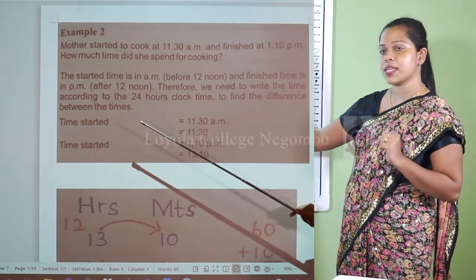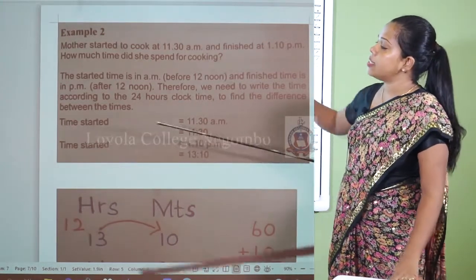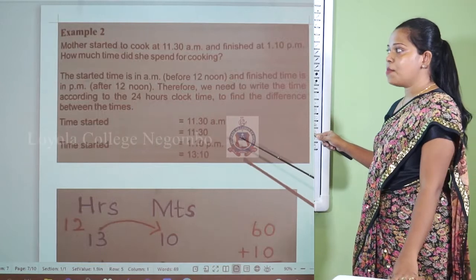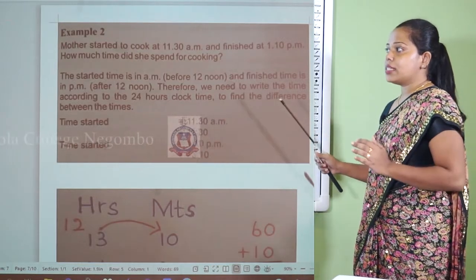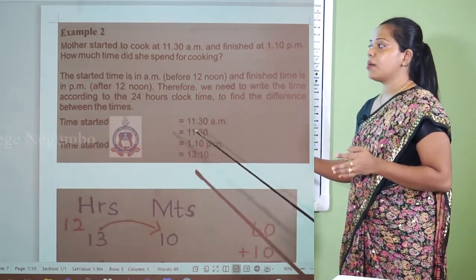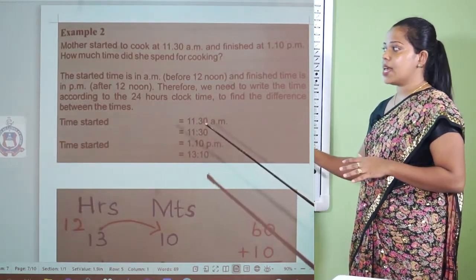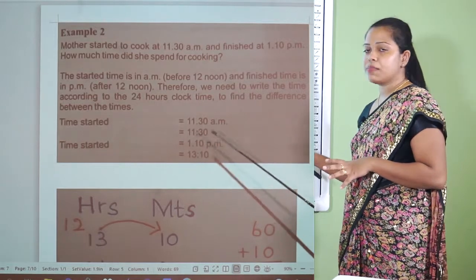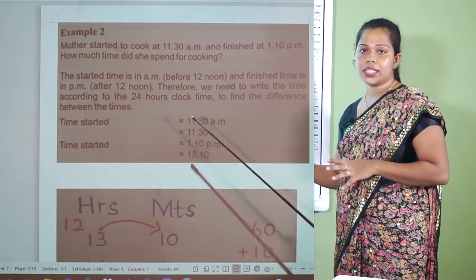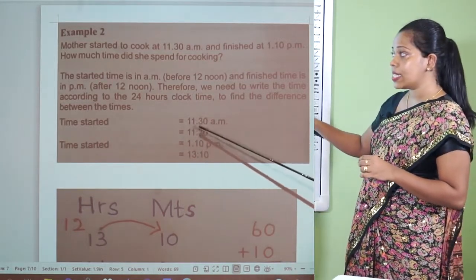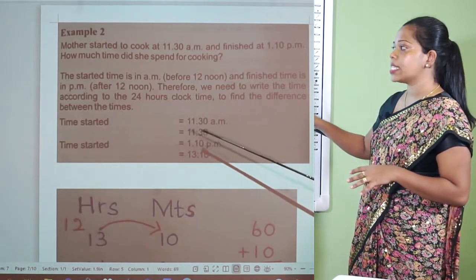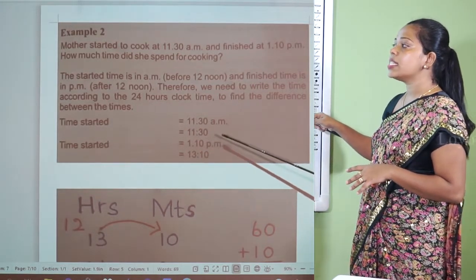between the times. Now the time started, it's 11:30 a.m. When we are writing a 12-hour clock time into 24-hour clock, when the time is given in AM, we can write the same time, but there should be 4 digits. You can see clearly there are 4 digits. That is 11:30.